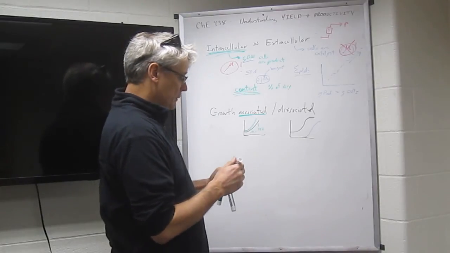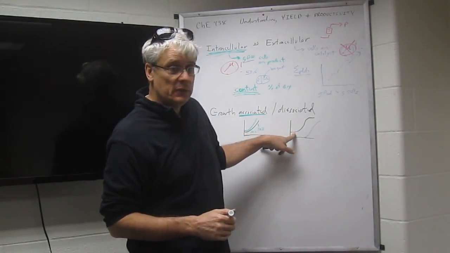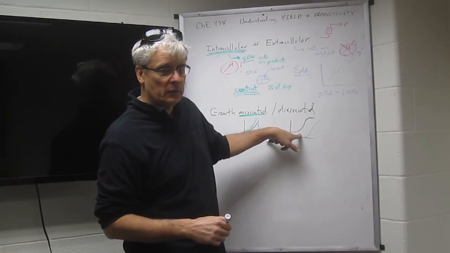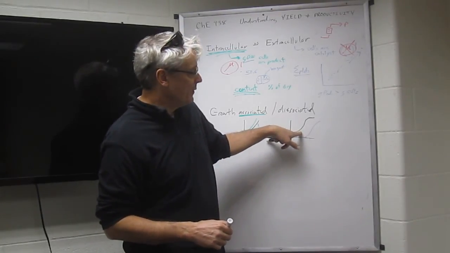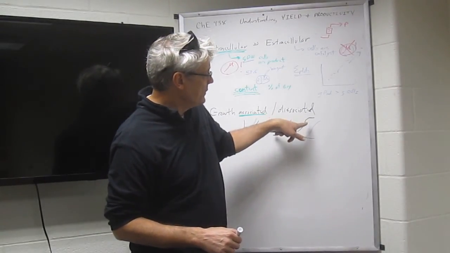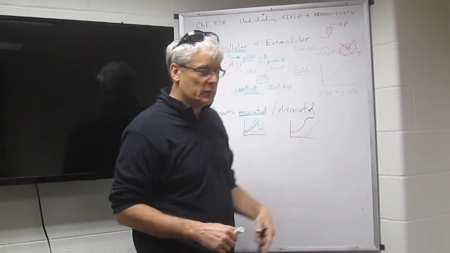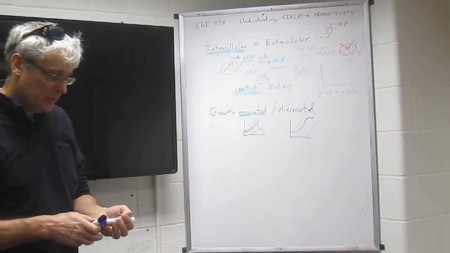So you can imagine that your volumetric and instantaneous productivities are 0 for the entire growth curve. The specific productivity is horrible. Once you actually stop them from growing, they take off and actually make product. So that's growth dissociated.